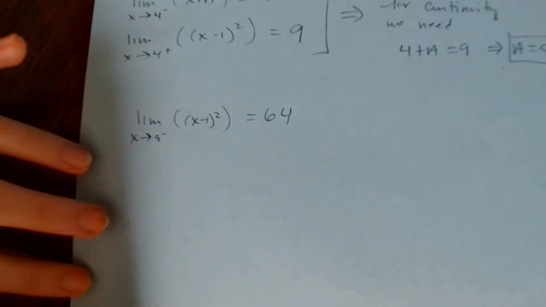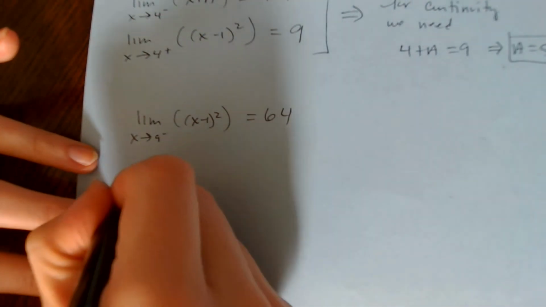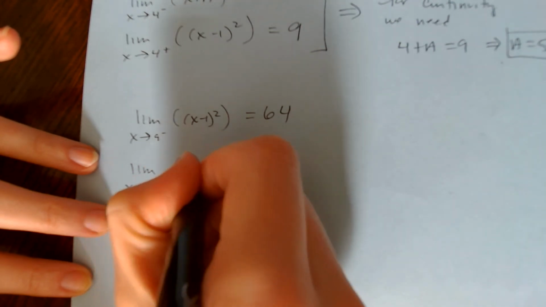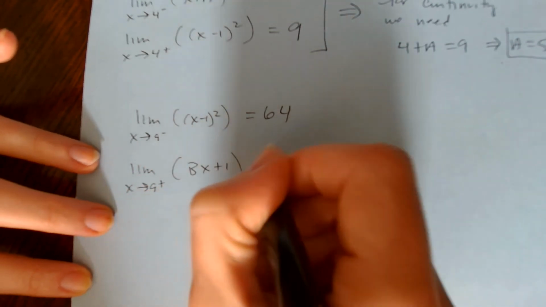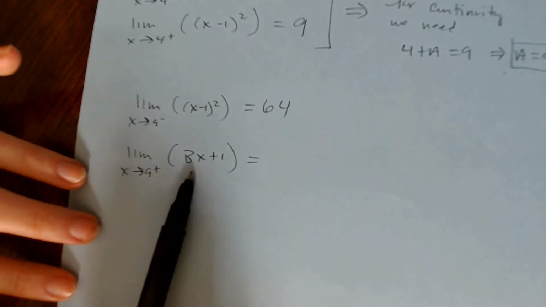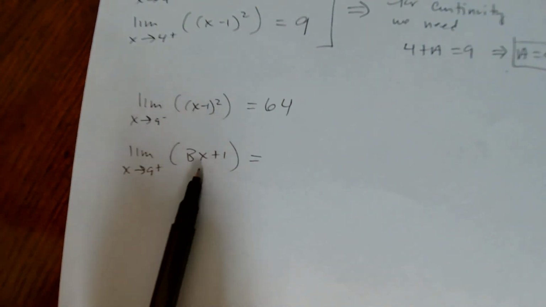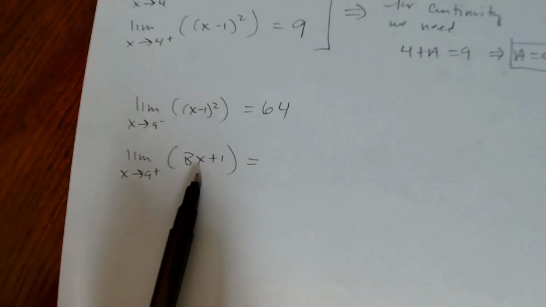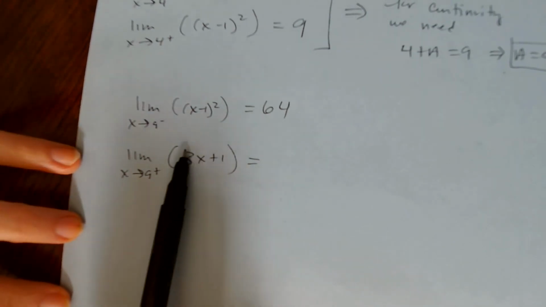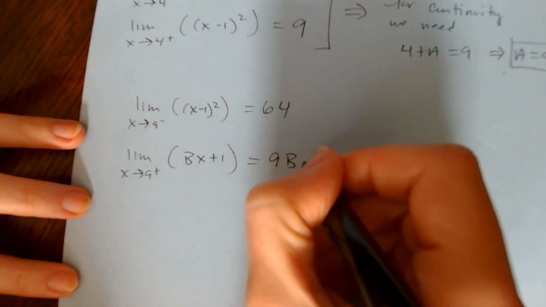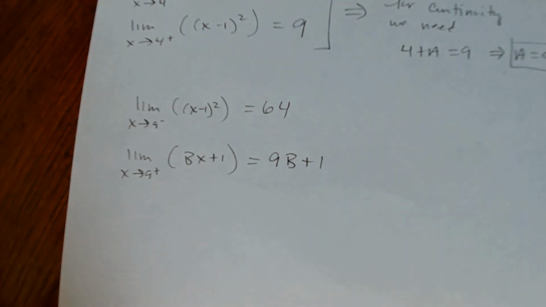So that's the limit. Now from the right: b times about 9 is about 9b. So this whole thing is about 9b plus 1, and we keep getting closer to it. So that's the limit.